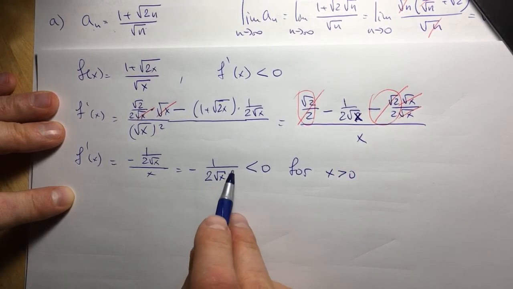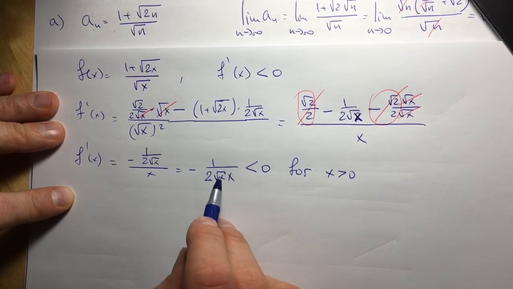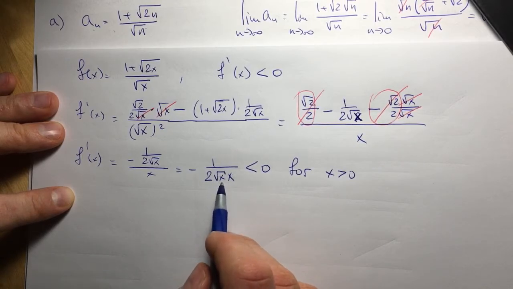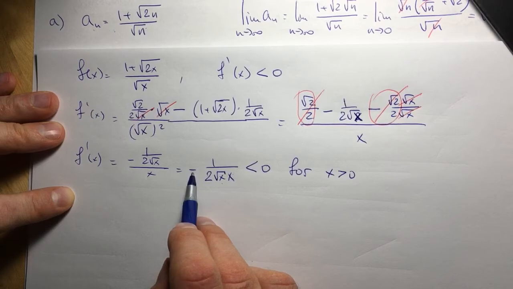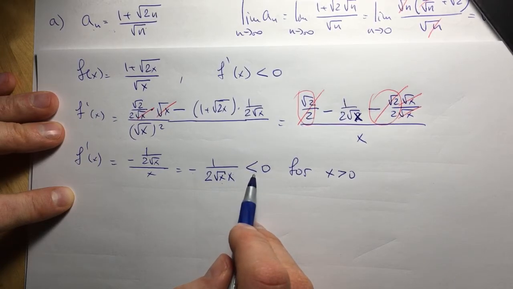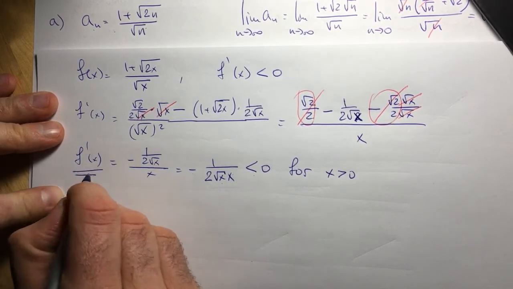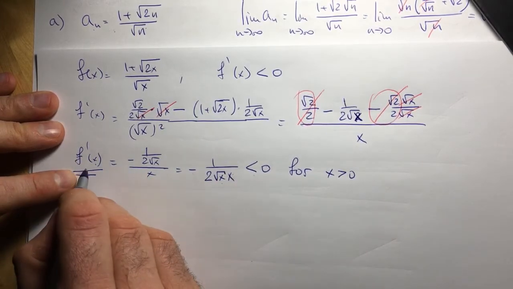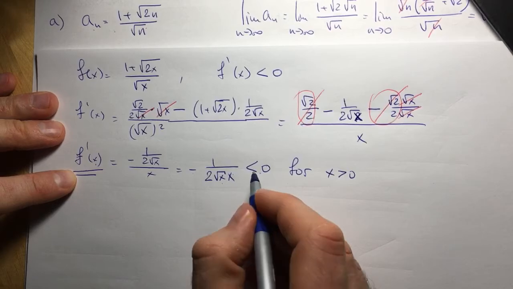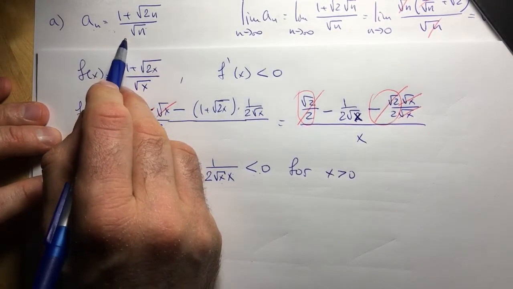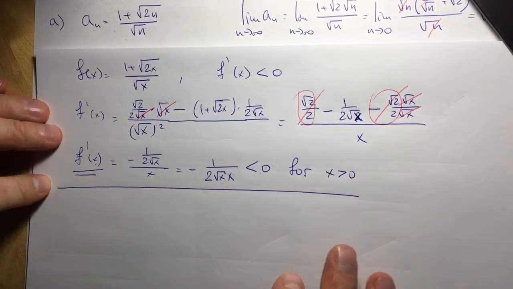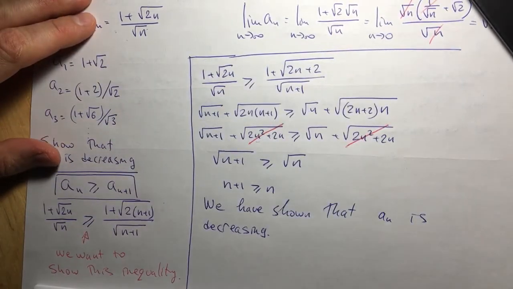When x is positive, this term is positive, square root of x is positive, we have a positive numerator divided by a positive denominator times negative 1, that makes the whole expression negative. So if the derivative of the function is less than 0, that's another way to show that the sequence is decreasing. Okay, so we have shown that the sequence is decreasing in two different ways.